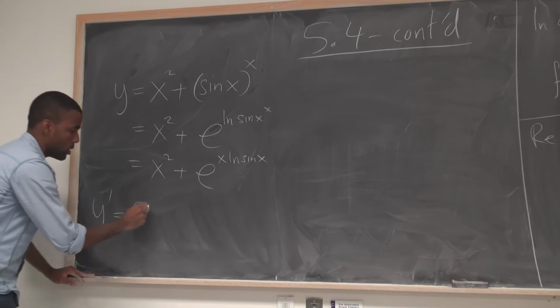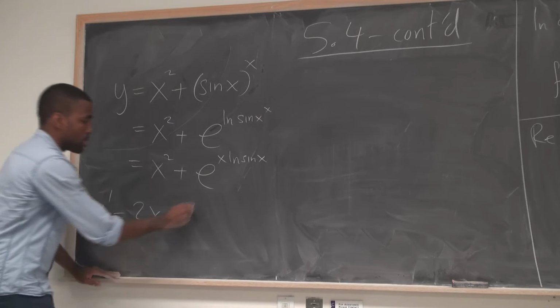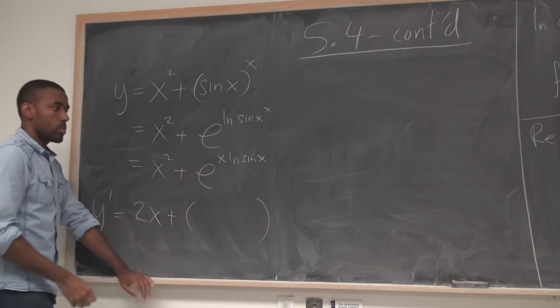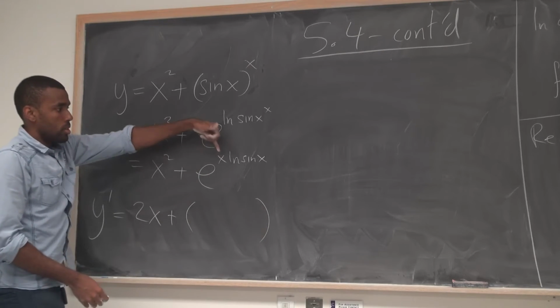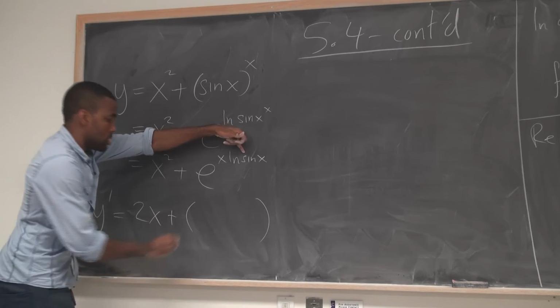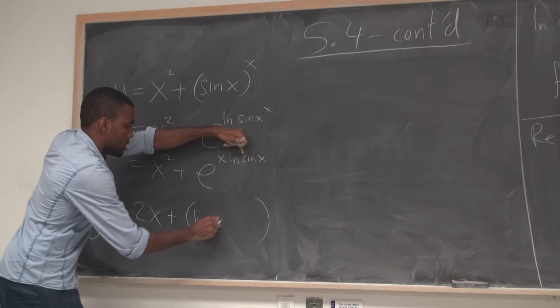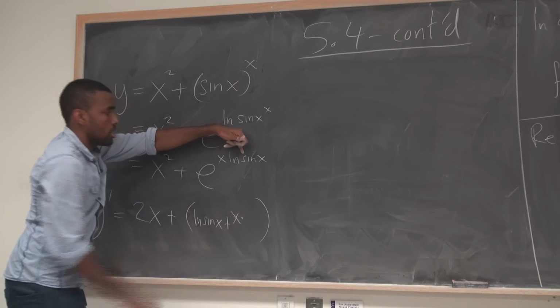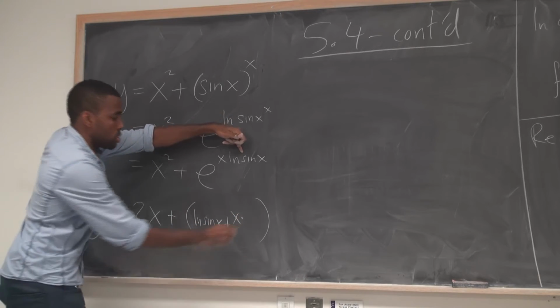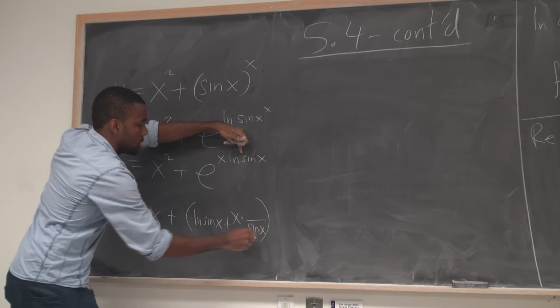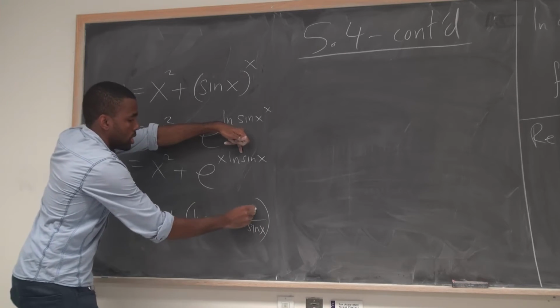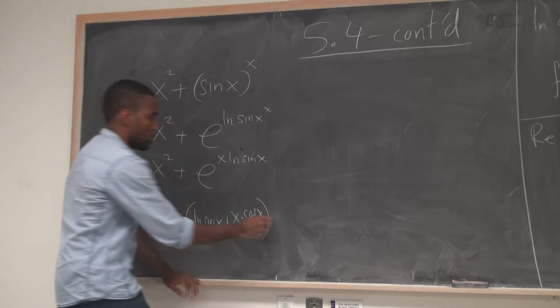So that's going to be 2x plus, I'm going to take the derivative of the power, which is product rule. Derivative of x is 1 times this, ln of sine x, plus leave x, differentiate ln of sine x, which is 1 over sine x, times the derivative of sine x, which is cosine x, times the original function.